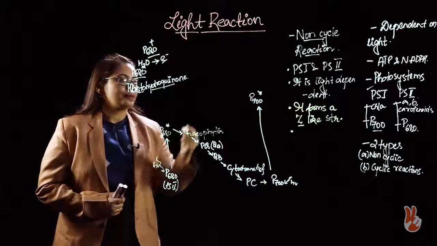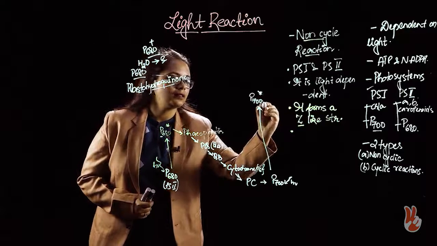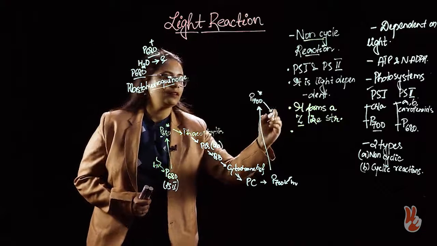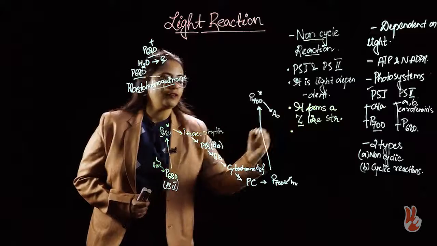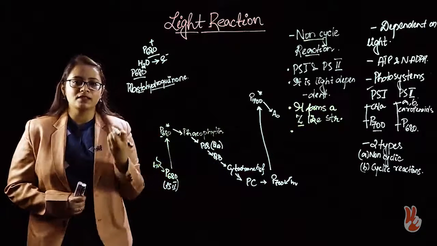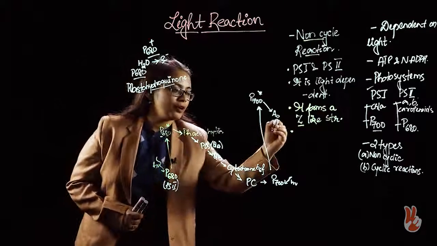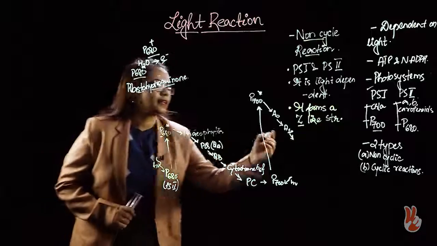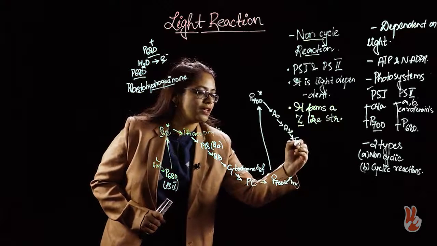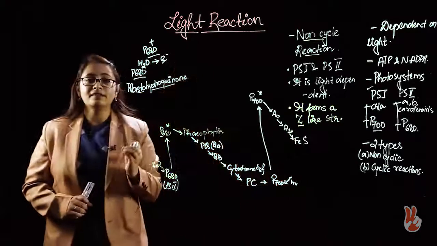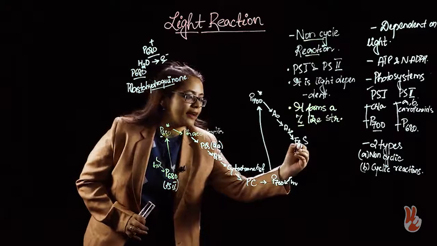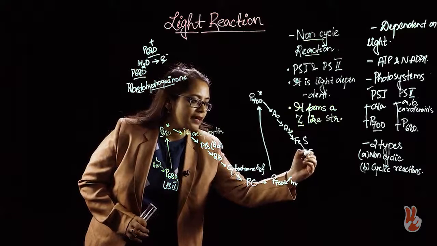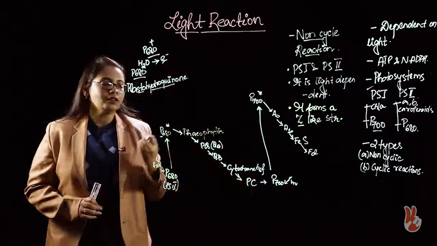From P700 plus, the electron will then go to A0, which is a kind of specialized chlorophyll molecule, followed by A1. It will then go to FeS, or an iron sulfur complex, and finally it will be received by Fd, or ferredoxin molecule.